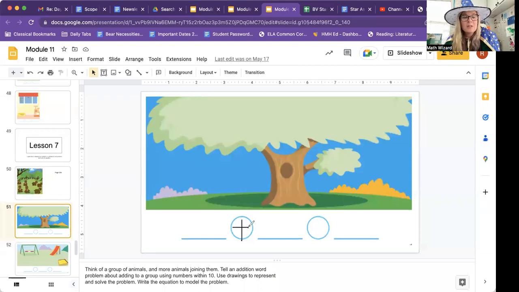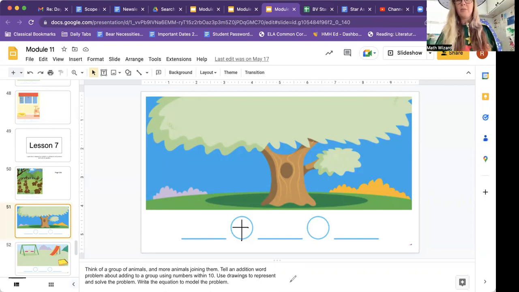Now let's listen to the story. Oh, you get to come up with your own story. Think of a group of animals and more animals joining them. Tell an addition problem about adding to a group using numbers within 10. Use drawings to represent and solve the problem.